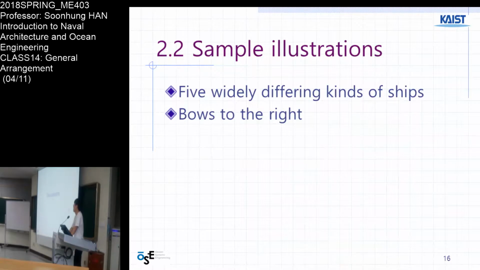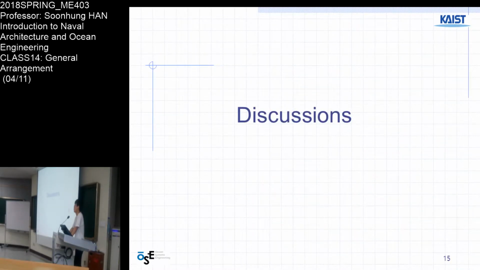If there are any other principles for general arrangement, I want to hear them in the discussion part. Is there any idea for a new principle? Okay. Then thank you for listening.